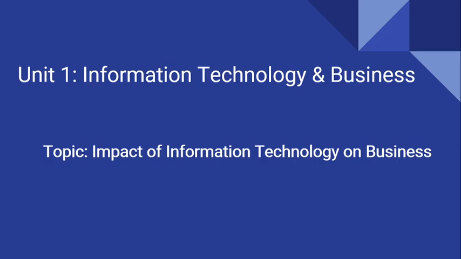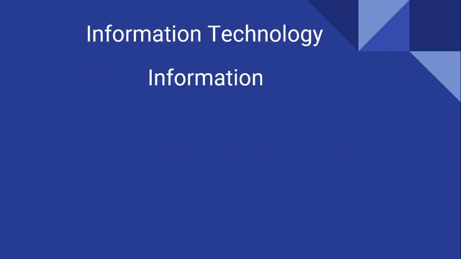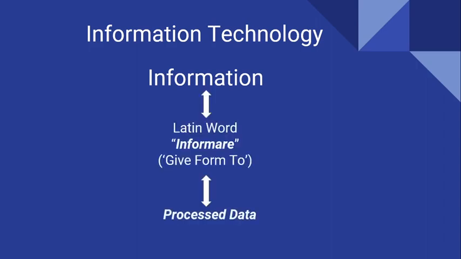Now, if we break this entire terminology, information technology, into two halves, we get one word as information, another word as technology. Now, what is information? Information is the processed data that we have studied earlier. It has its origin from the Latin word informere, which means give form to.